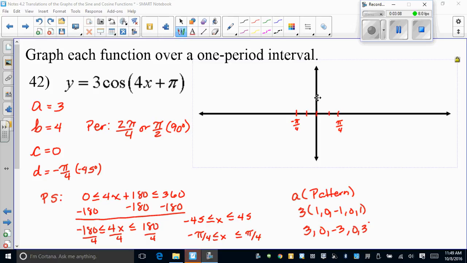So we put them in here. 1, 2, 3. There's 3. And 1, 2, 3. There's negative 3. And we start at 3. Start at 3, down to 0, down to negative 3, back to 0, and up to positive 3.